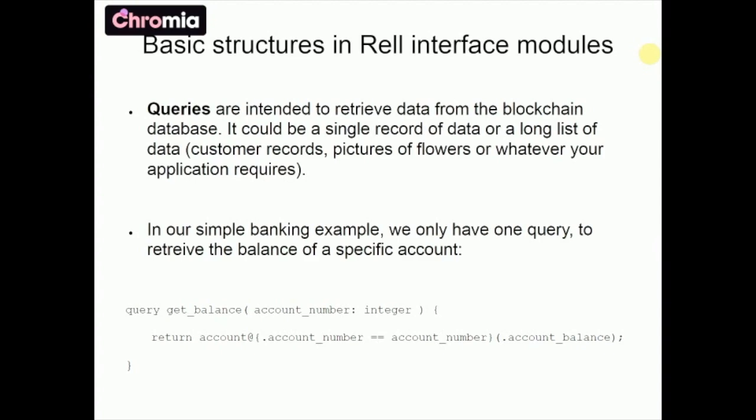And in our simple banking example here, we only have one query, and that is to retrieve the balance of a specific account. So the input value to that query is an account number, and it returns by identifying in the table of accounts the requested account number and returning the account balance of that account.